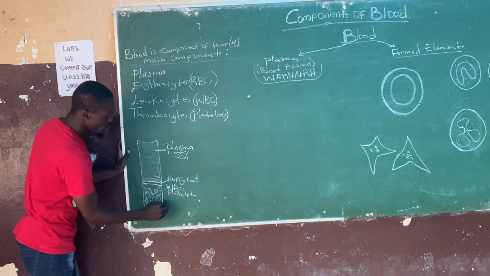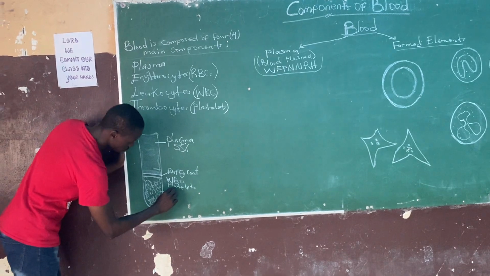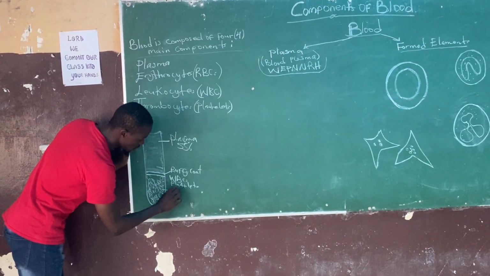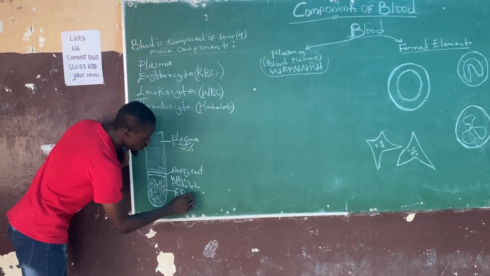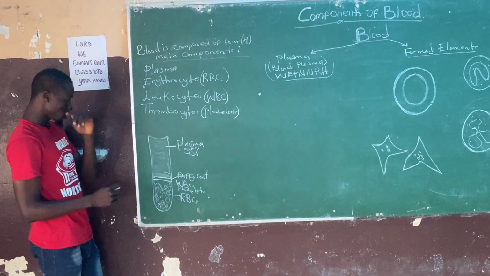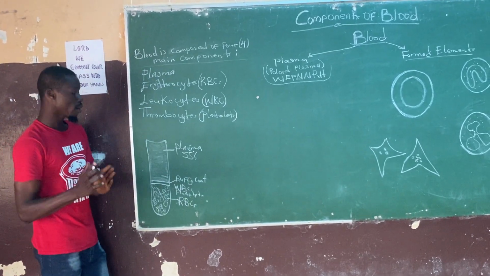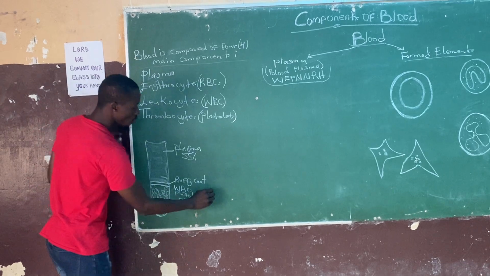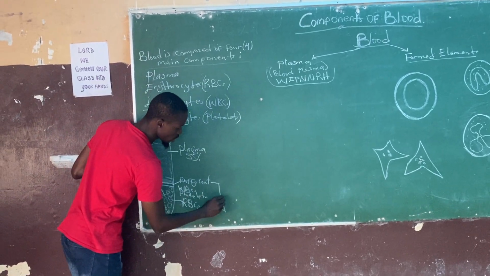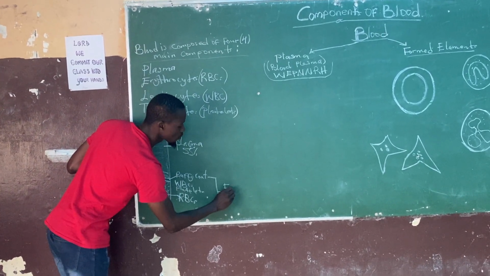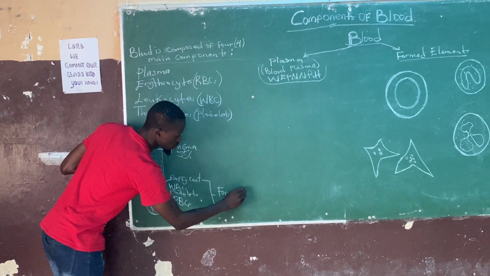These are the erythrocytes you are seeing here, or the RBC. Remember, another name for the erythrocyte is RBC. So this portion, if you put all of them together, is called the formed elements.